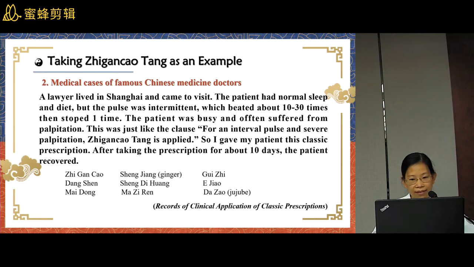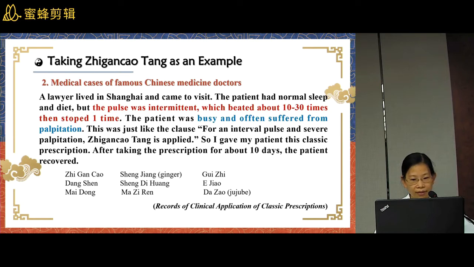There was a lawyer who came to visit Dr. Cao. His sleeping and eating were normal, but his pulse was intermittent. To be specific, after beating for 10 times or 20 to 30 times, there was an interval, not regular.